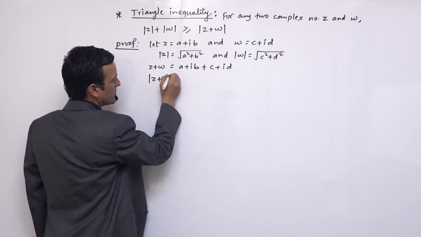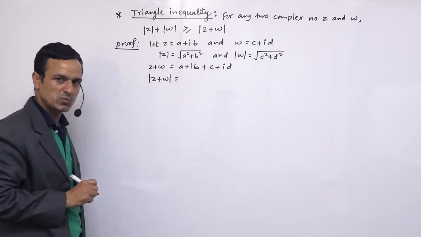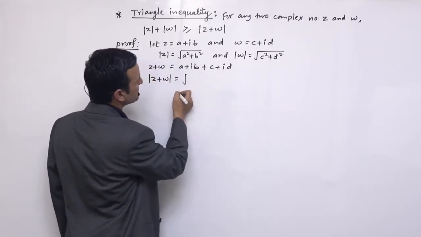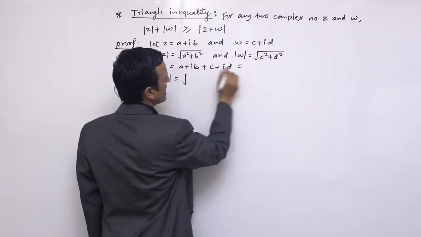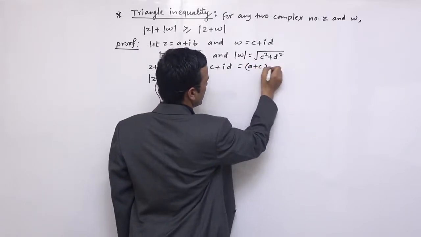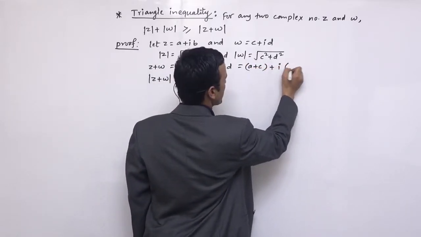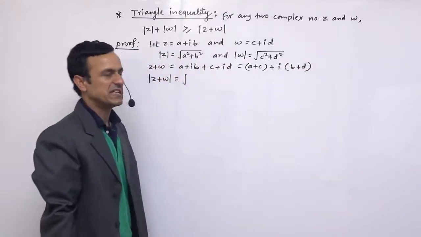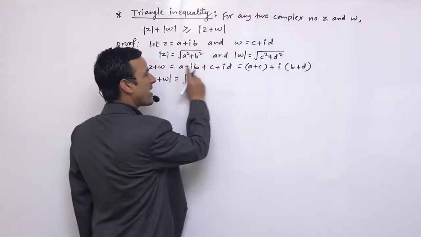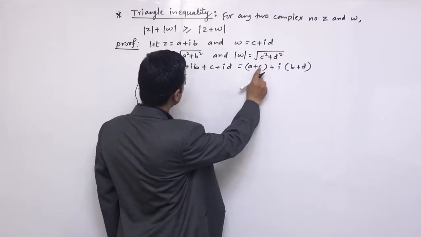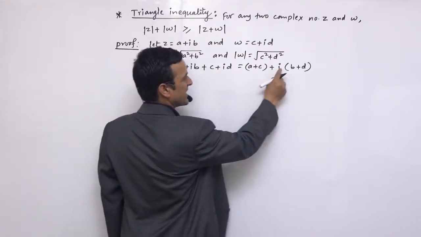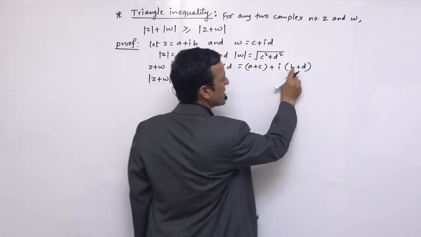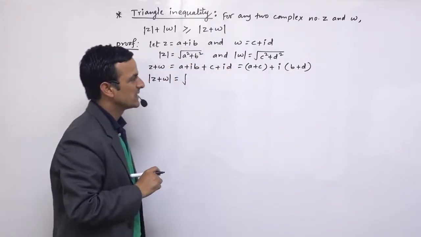So find the modulus of z plus w. For this we can write a plus c in one place, and i is common, so it can be written as i times b plus d. Real parts are put together, and i is taken as common from this term and this term, and the remaining term is b plus d.